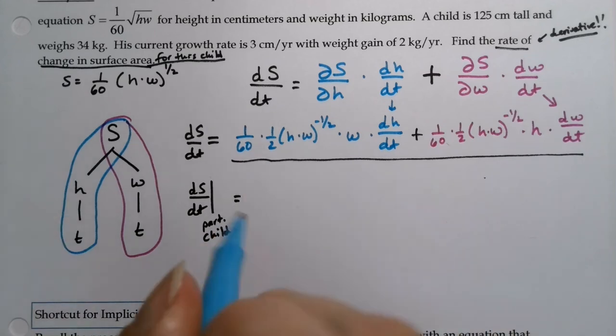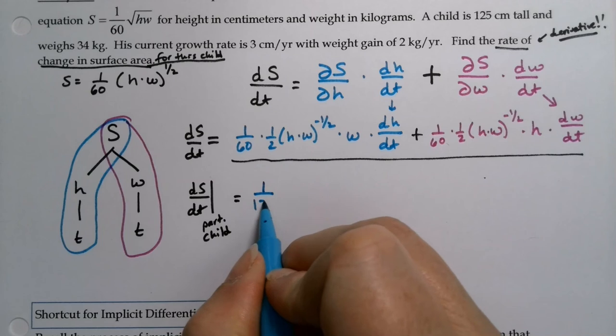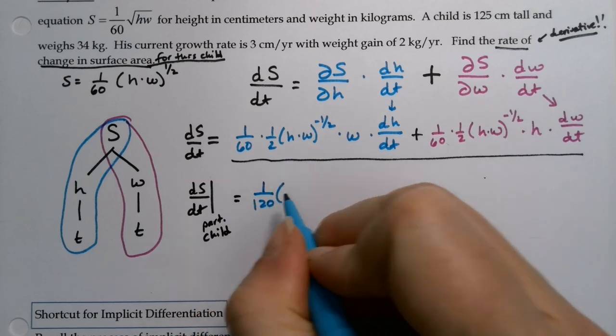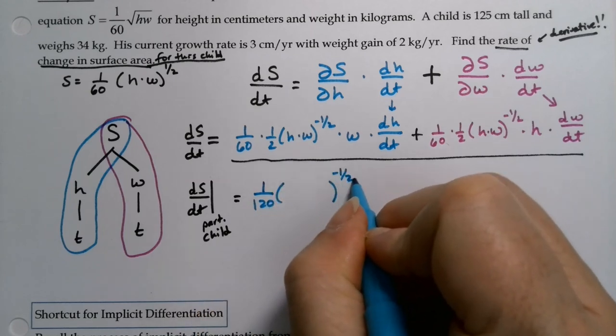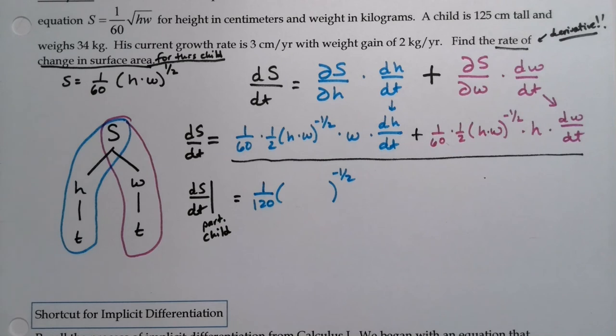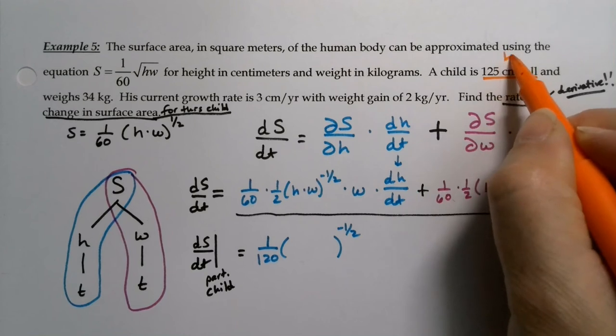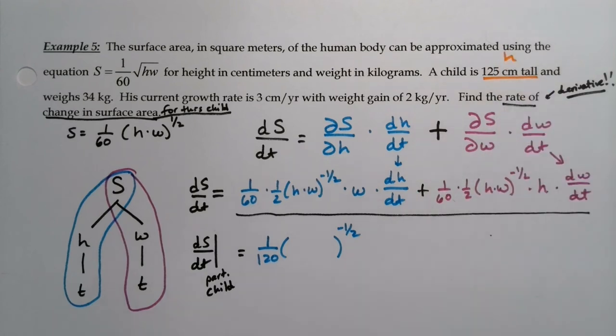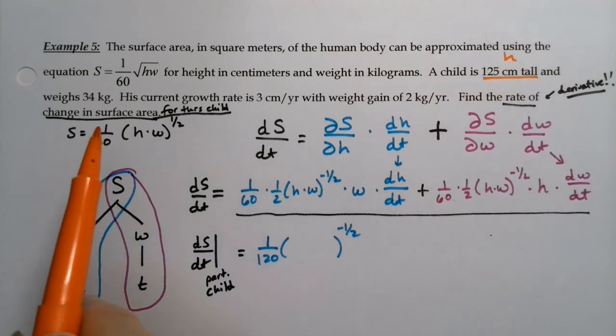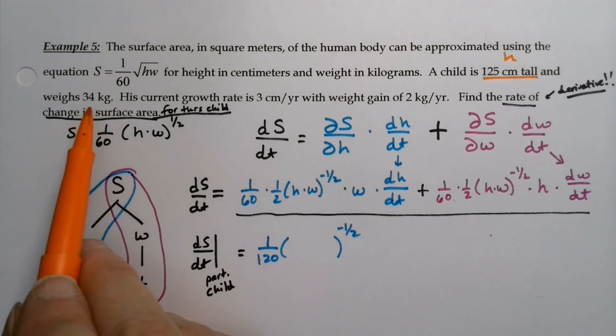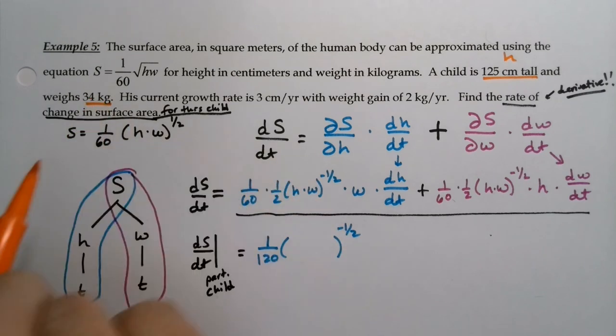Well, first of all, 1 over 60 times 2 is 1 over 120. Let's just be real about that. And then we want to take h and w. Well, this child is 125 centimeters tall, so there's the h. And then 34, so there's the w right there, right?